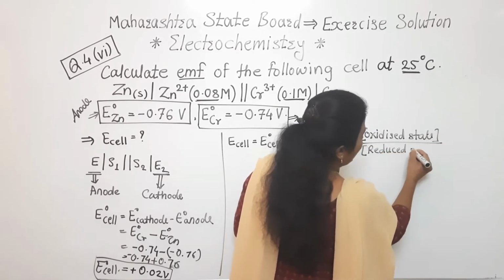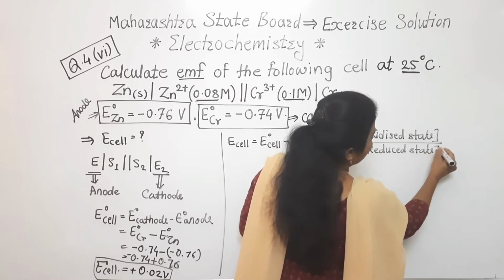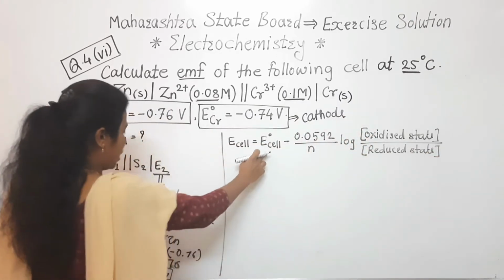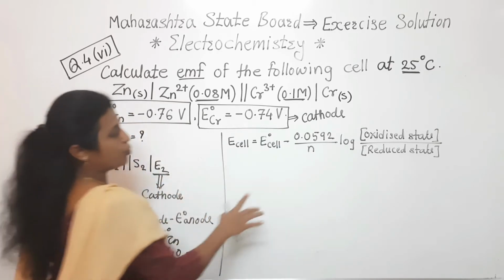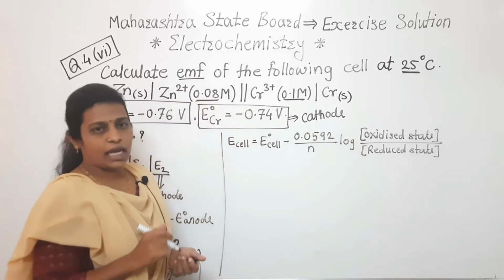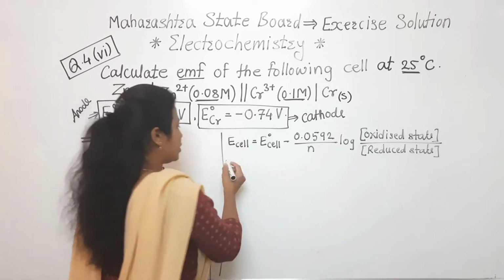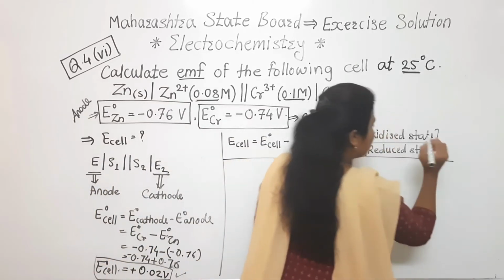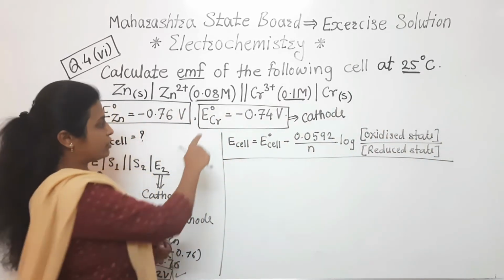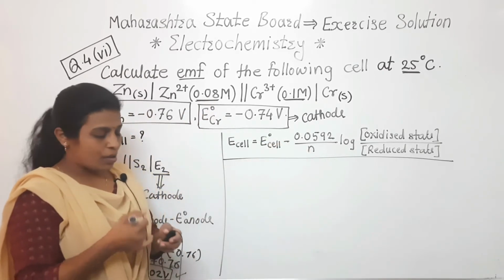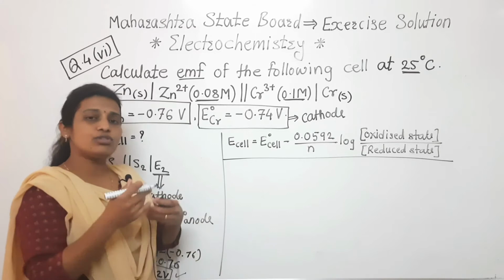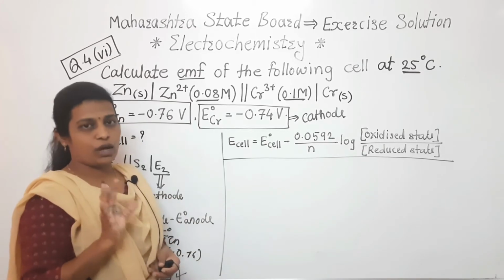This formula we have to use. Now which terms do we have here? E naught cell we have calculated, and 3 terms remain to calculate. Now how to find out those remaining 3 values from the reaction? If we consider number of moles of electrons, means how many electrons are lost or gained, that number we have to find out.